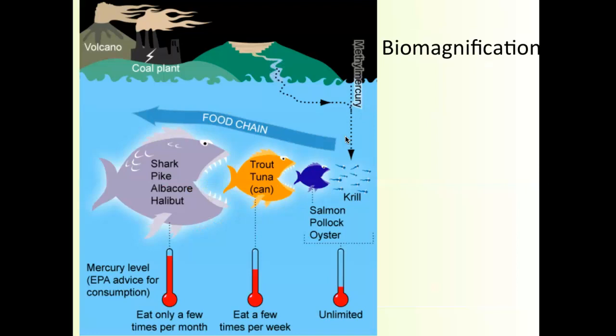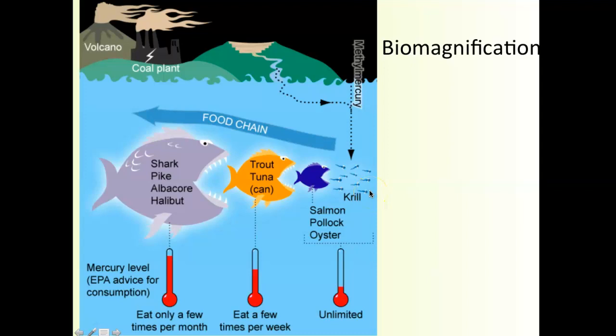Let's take a look at biomagnification. You had a video of this in your lab that talked about biomagnification. So let's say there's some mercury from coal plants that are produced. So we have methyl mercury in the atmosphere. The methyl mercury gets into the water system, and the methyl mercury affects the krill.